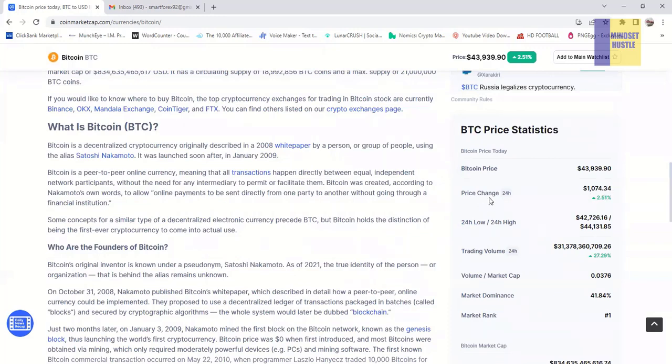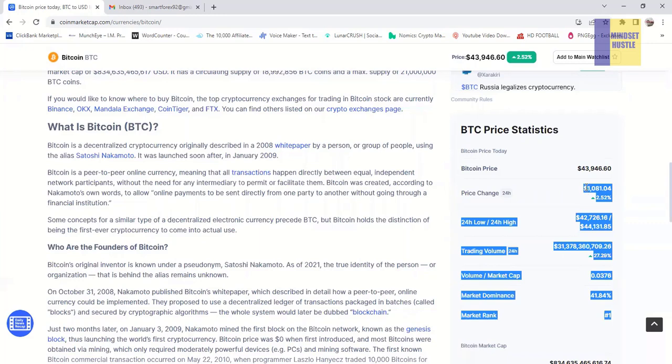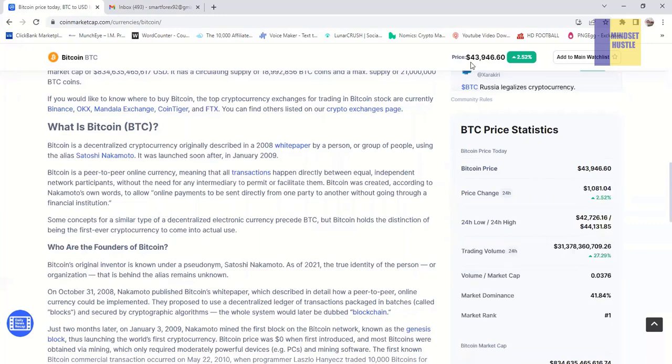So within the last 24 hours, there has been a change of $1,000. That means if you bought BTC for $1,000, you make 2.52% on it. This is the amount in terms of dollars that has been added to the previous price, which was like 42 point something K, within the past 24 hours.